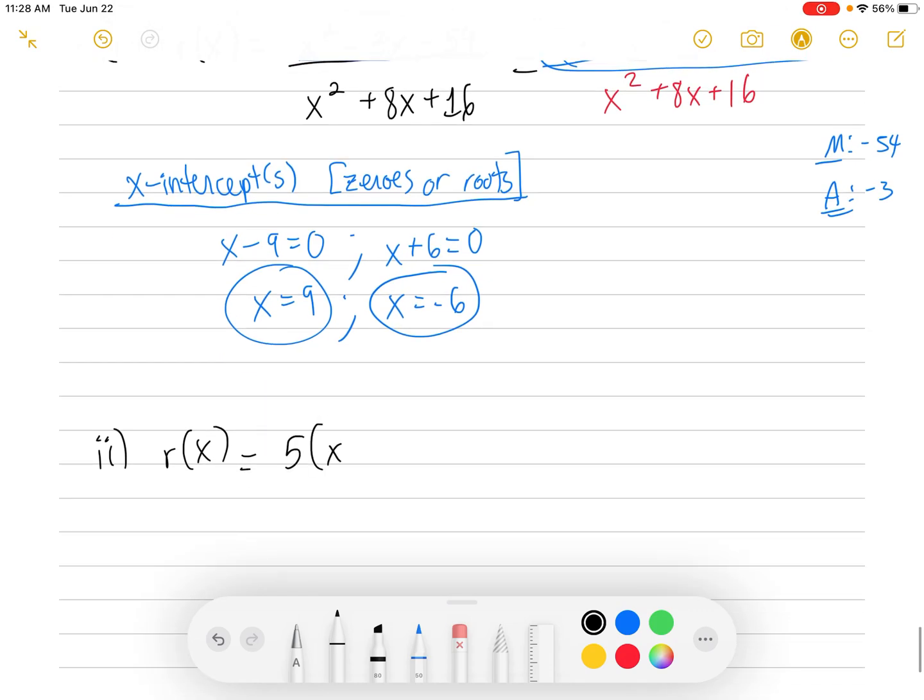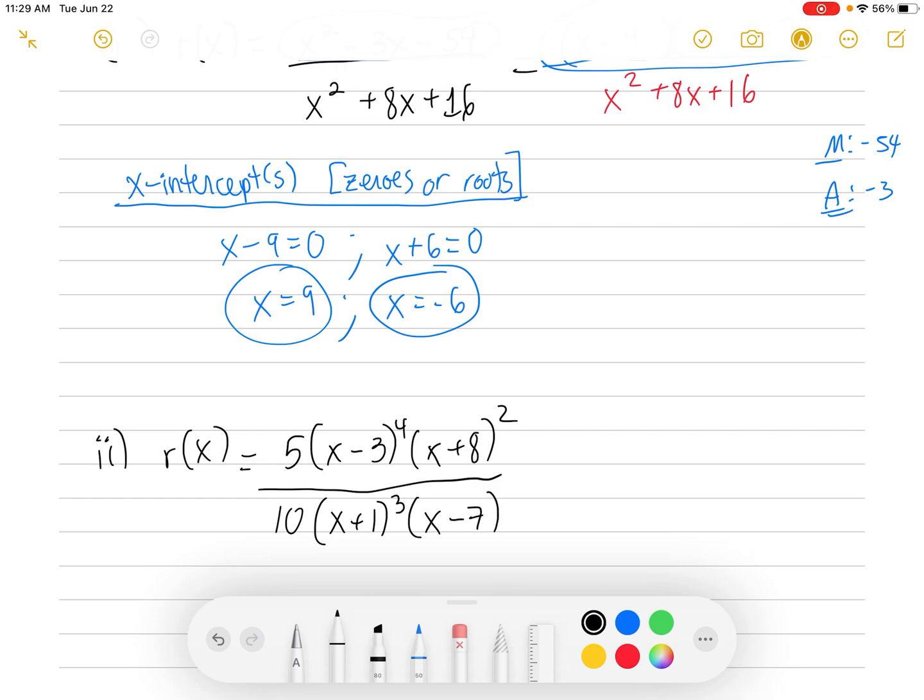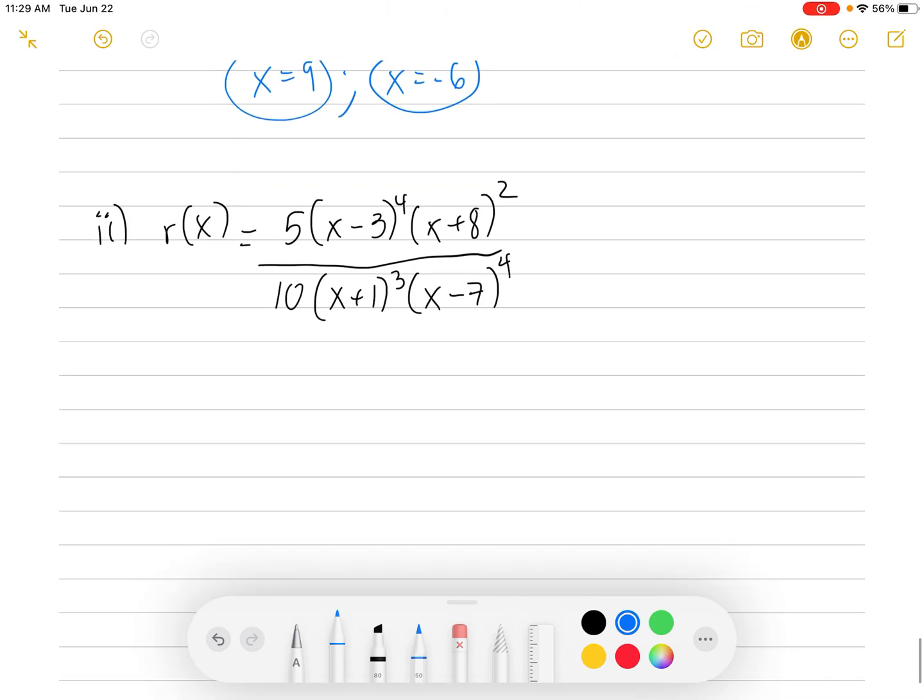Let's do another. Sometimes you'll be fortunate enough to have them already factored for you. Sometimes you'll see something like this: 5 times x minus 3 to the 4th power, times x plus 8 to the 2nd power, and on the bottom you'll have some stuff, 10 times x plus 1 to the 3rd, times x minus 7 to the 4th.